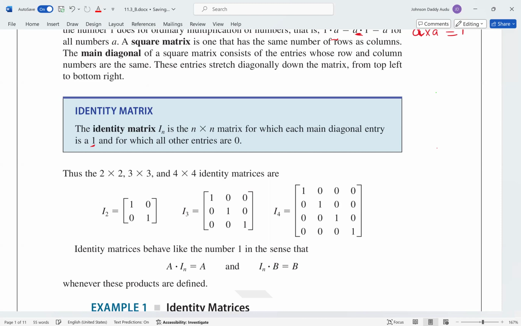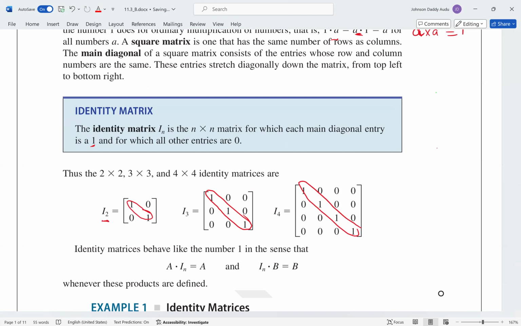For example, I2 is a 2 by 2 with 1s in the main diagonal. This is I3, with 1s in the main diagonal. And this is I4, 1s in the main diagonal.